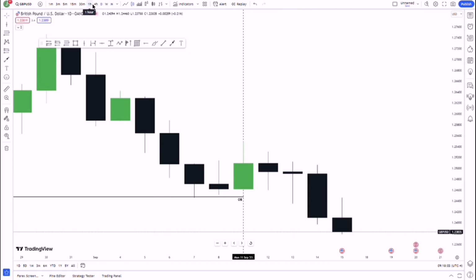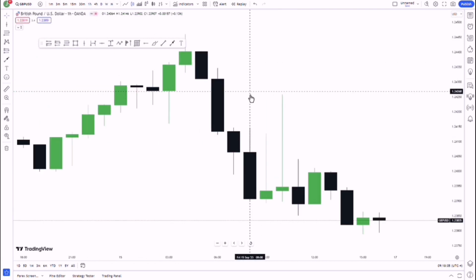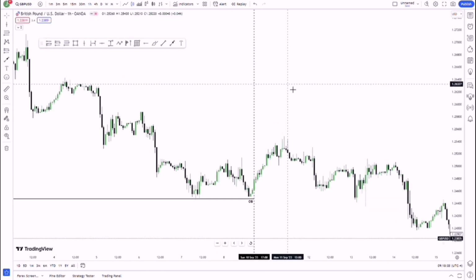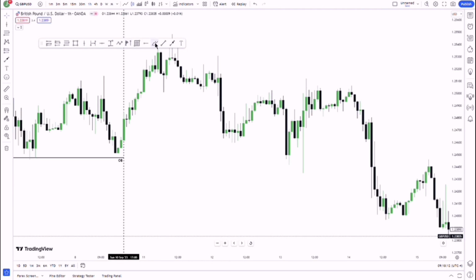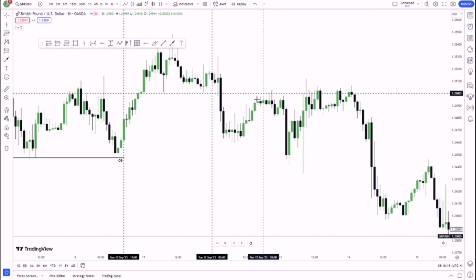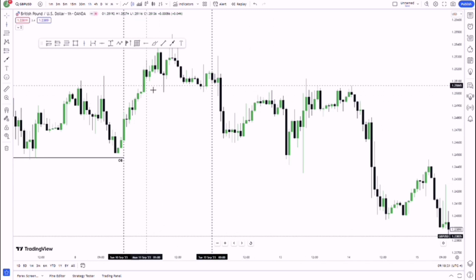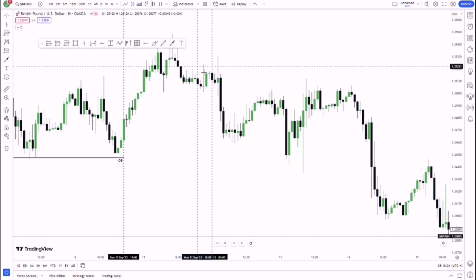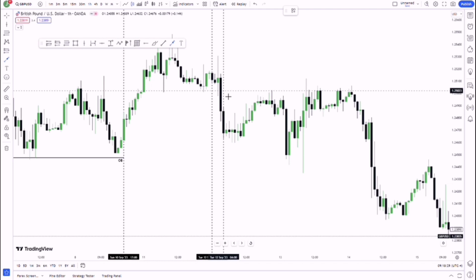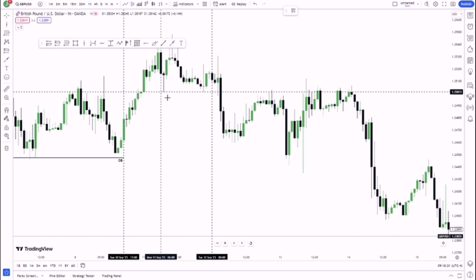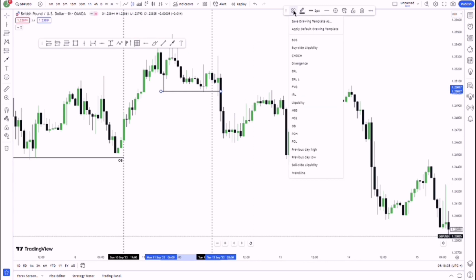So when we jump to the 1 hour time frame, we can see that Monday over here it closed. Where is the midnight open price for Tuesday? Here. So Monday traded up, and then during the London session on Tuesday, we had a market structure shift to the downside.